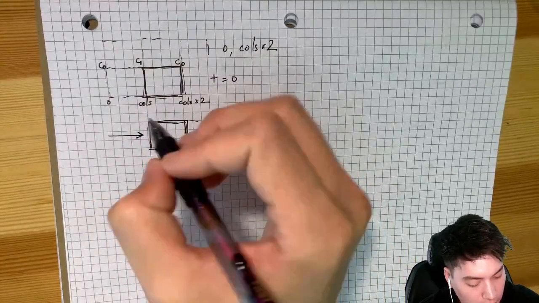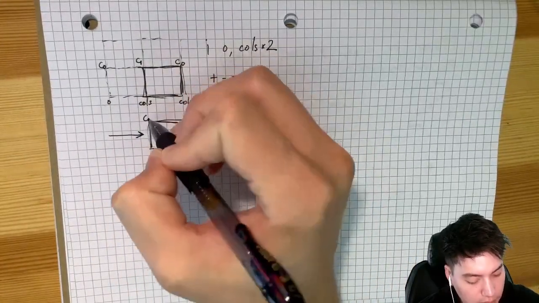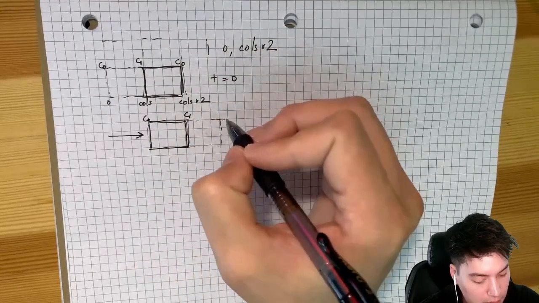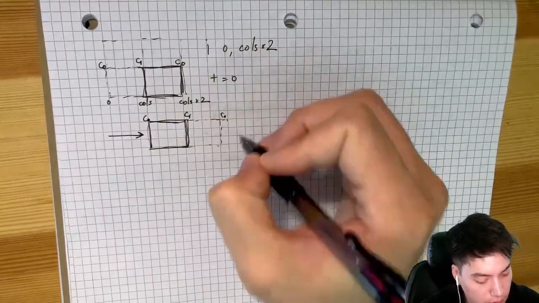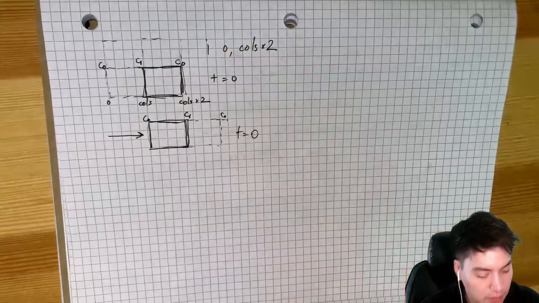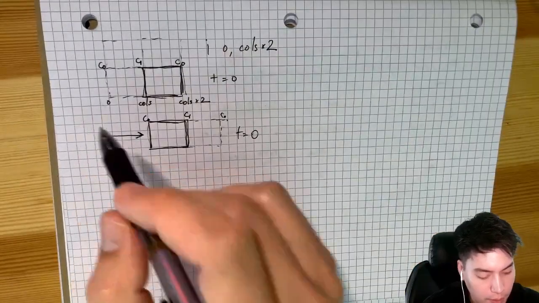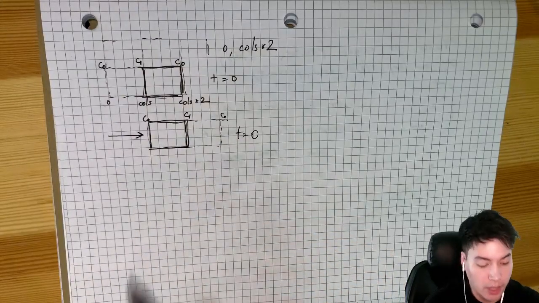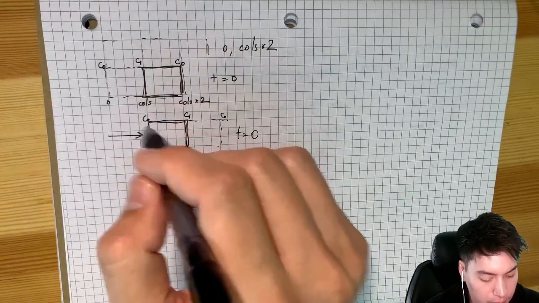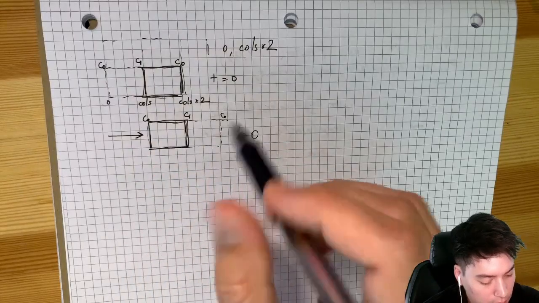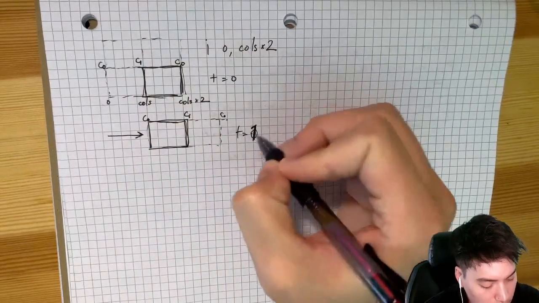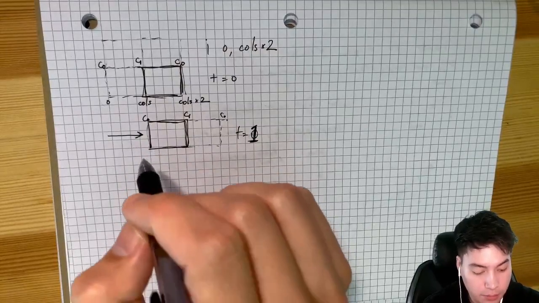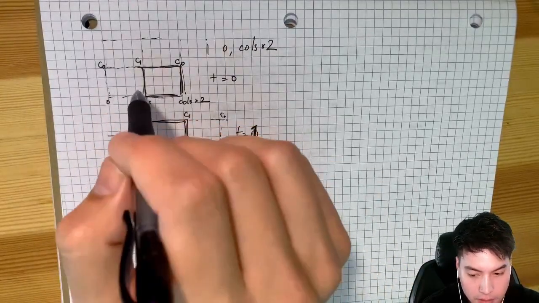So now C0 is on the left side of our screen, C1 is on the right side of our screen, and C0 is here. So this is t equals 0, and then it's going to loop around. But if I don't change the color mapping when it loops back around, you can see there's going to be a little bit of a jump, because this is t equals 1. When t equals 1, C0 is on the left side of the screen, but when t equals 0, C1 is on the left side of the screen.